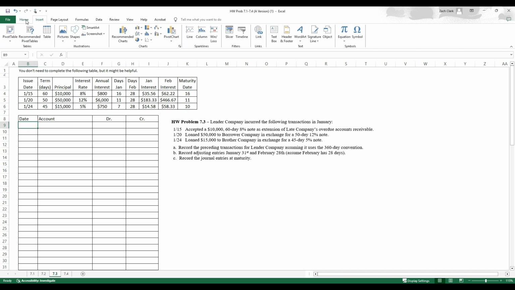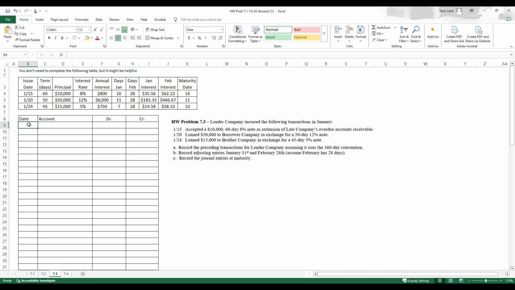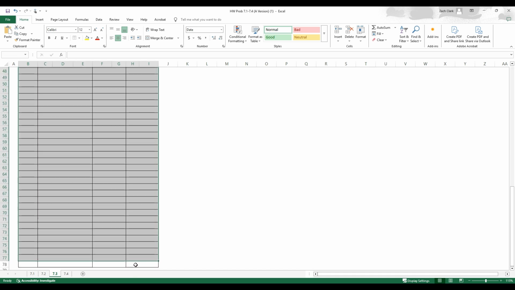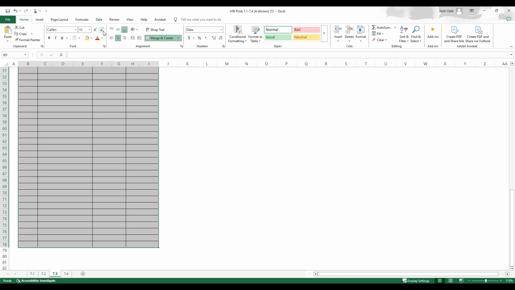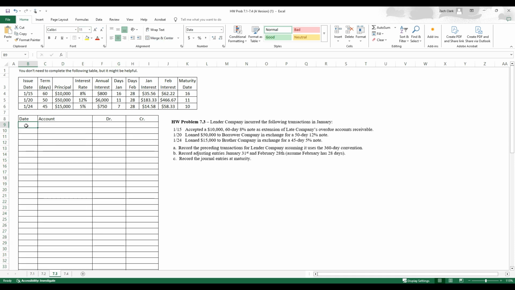Okay, so let's go through now. I'm going to do one thing here. I like 11 for my font, a little smaller. That's fine. And let's start going through. So on the 15th, here we had this note, this initial note, and we have notes receivable. It was $10,000. And in this one, it's kind of different because we didn't just loan the money out necessarily, right?